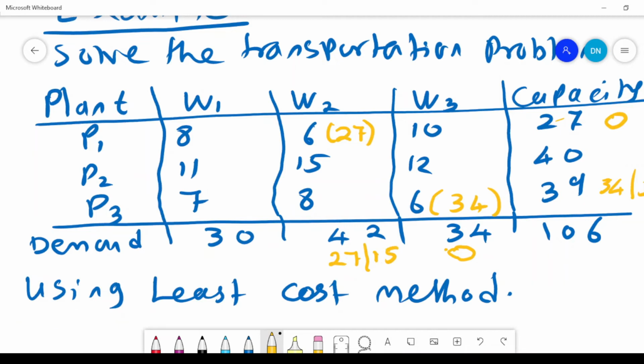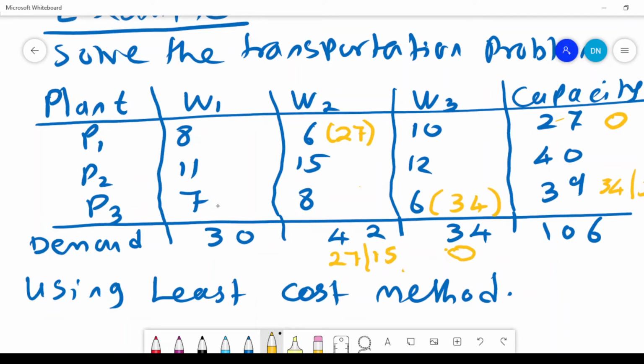So what we know is that P1 has given out all the units that it had. W3 has received all the units it required. So we have seen that P3 has given 34, it has been left with 5. P1 has given all the 27, it has been left with nothing. Now I go to the next number, and my next number is 7.